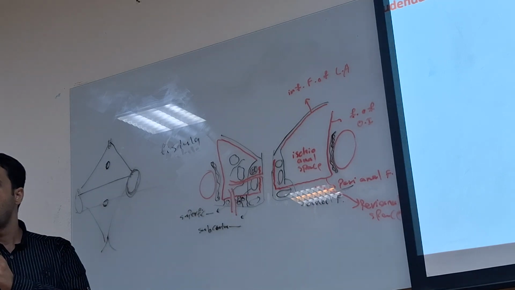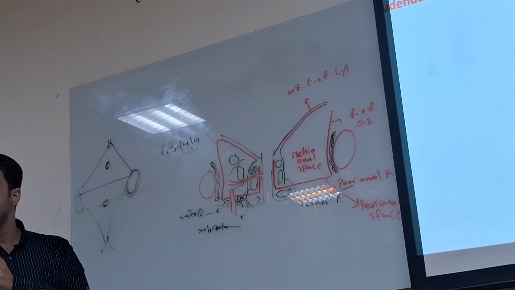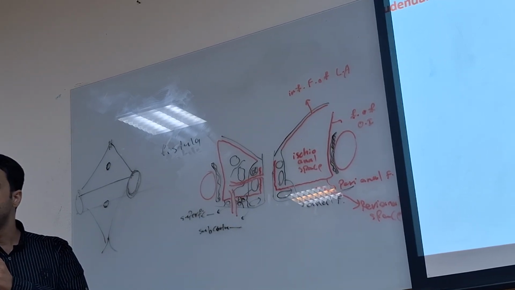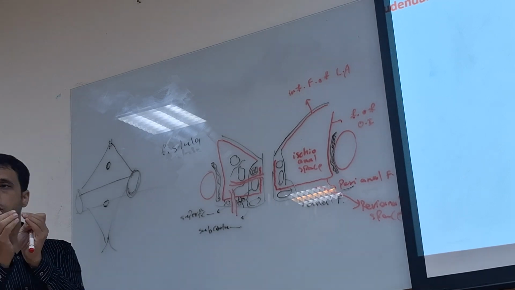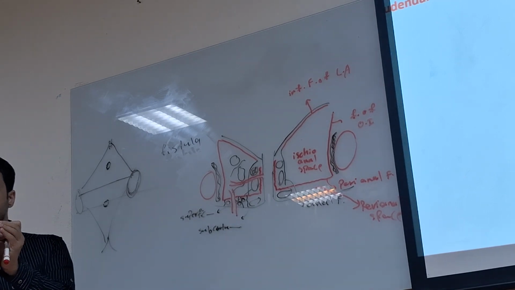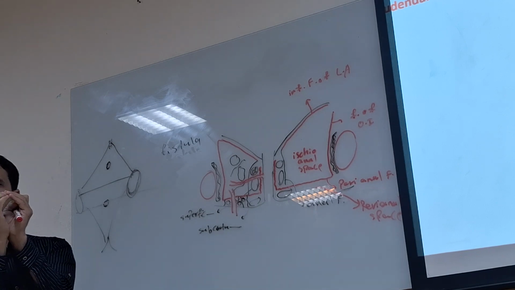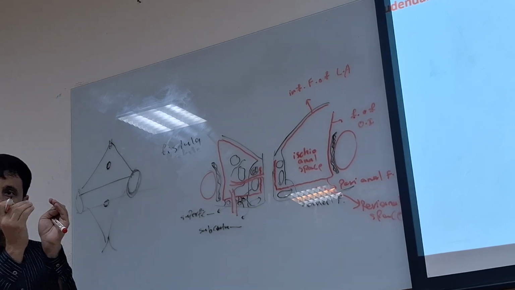What is the difference between a cyst and a sinus? The cyst is an accumulation of pus which has some boundaries, so it is closed.